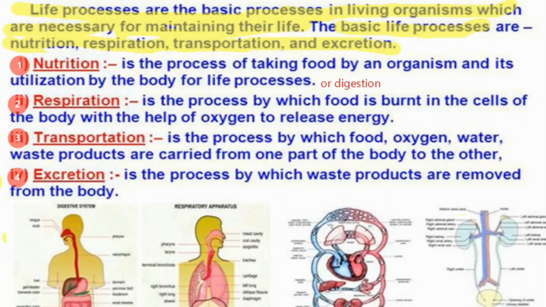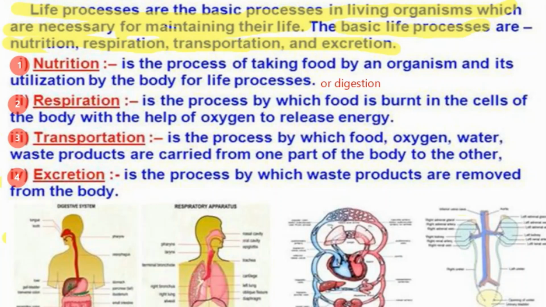So the fourth process is excretion. Again, if the basic rule of body design in multicellular organisms is followed, specialized tissues for excretion will develop, which means the transportation system will need to transport waste away from the cell to this excretory system, the excretory tissue.